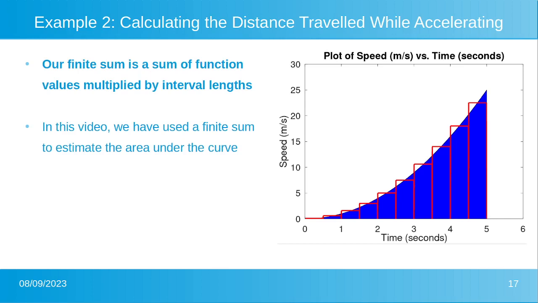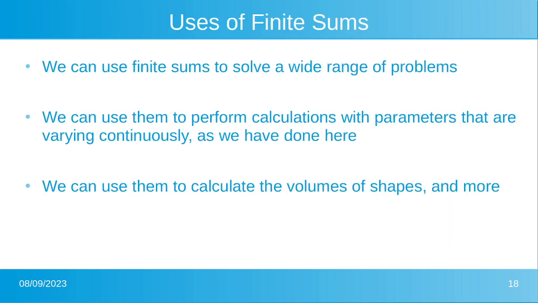So our finite sum is a sum of function values multiplied by interval lengths. And in this video, we've used a finite sum to estimate the area under the curve. Now, we can use finite sums to solve a wide range of problems.